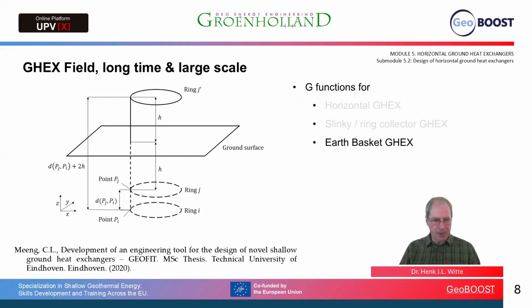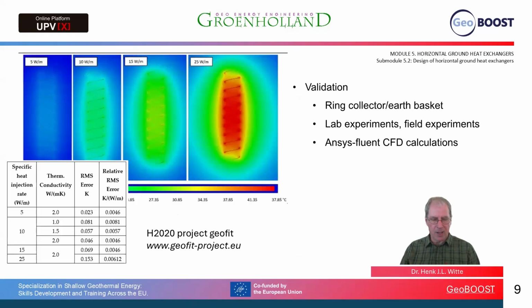This was developed by Main in a European project called GeoFit and has been validated by laboratory experiments where a computational fluid dynamics model was constructed using laboratory data on the performance of a spiral heat exchanger. This was then extended to be able to compare it with a finite line source approach.